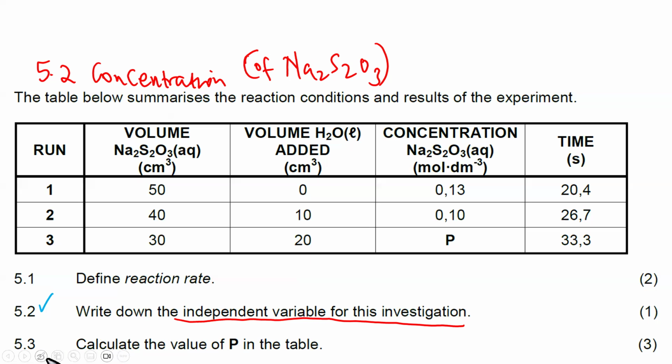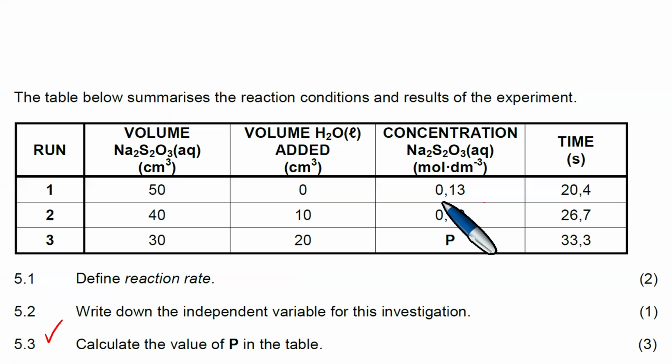Right, we continue as follows. Okay, let us look at this table and want to find the value of P in this table. But how do we do that? Right, a couple of things we need to know. That concentration is number of moles over volume.